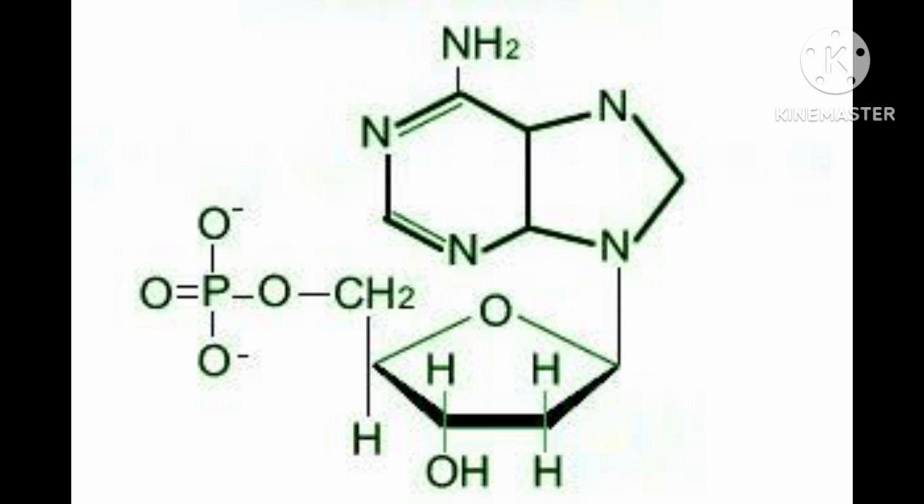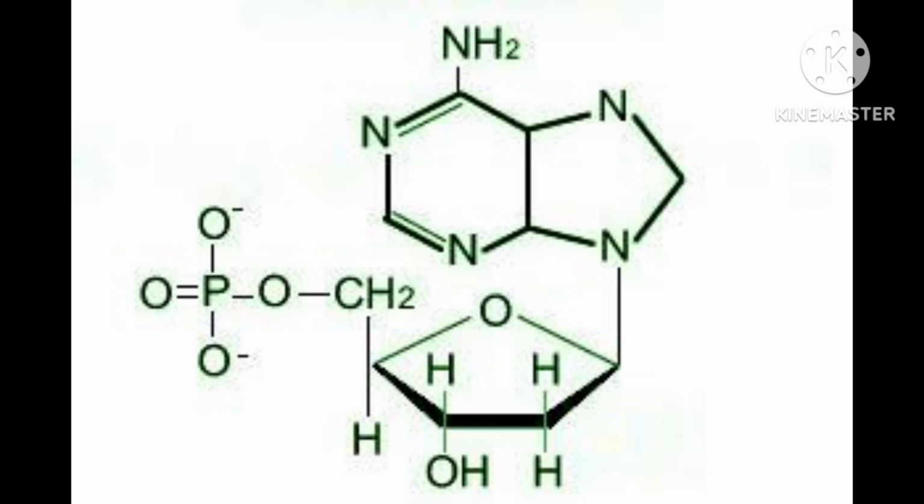In that CH2OH, the C is the 5th carbon, that will be out of the ring. The ring will be of 5. Oxygen is joining carbon 1 and carbon 4, and 1 is joining with 2, 2 is joining with 3, 3 is joining with 4. It is forming a ring.